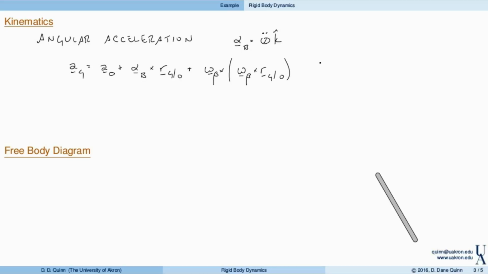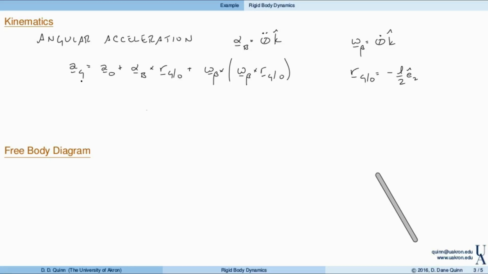So now with this, the angular acceleration is given here. The angular velocity in terms of theta is simply theta dot in the k direction. The position of G with respect to O is minus L over 2 in the E2 direction.